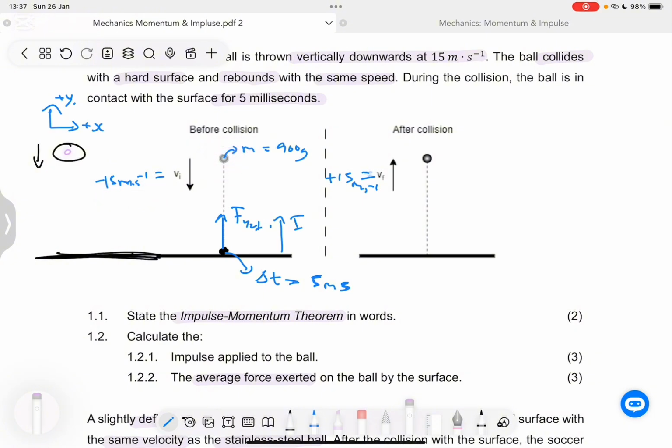But this ball, you have to understand that it's slightly deflated. So this means it's a bit soft. It's a bit elastic. It's not hard compared to the steel ball. Now, this ball will then eventually come here and collide with the surface.